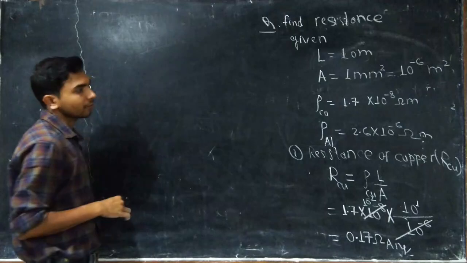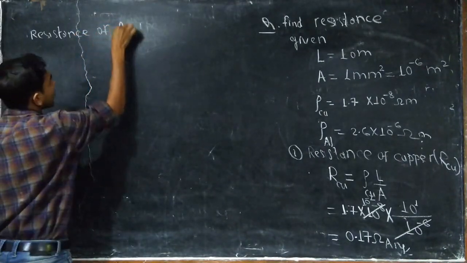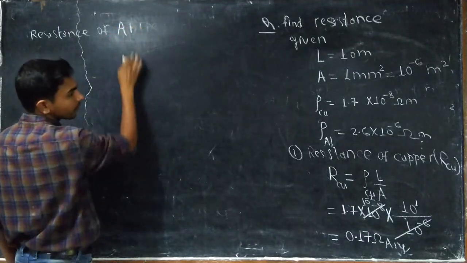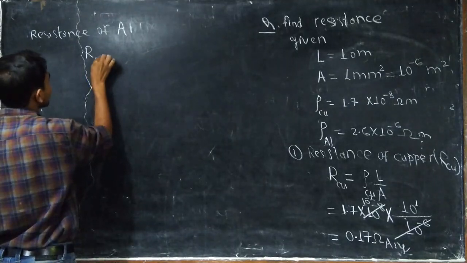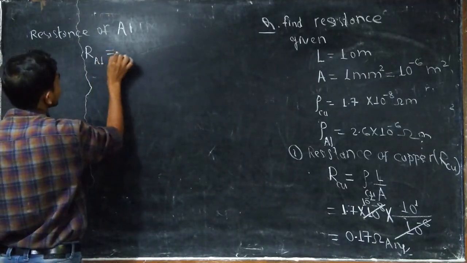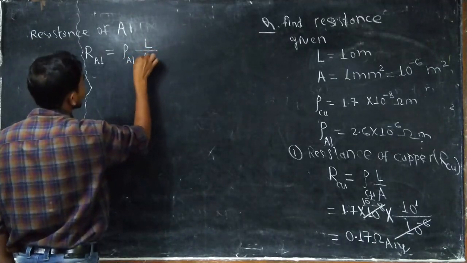Next, resistance of aluminium, R Al, is rho Al length by area.